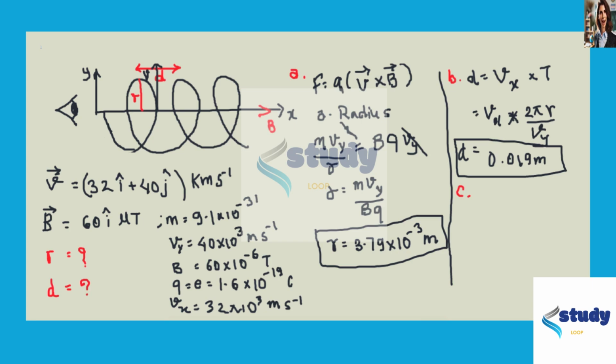If you use the right hand rule, then the force will be oriented towards the center. You have to imagine this. If the person sees this electron, then the person will see the electron just revolves like this. So it is clockwise, just by using the right hand rule.